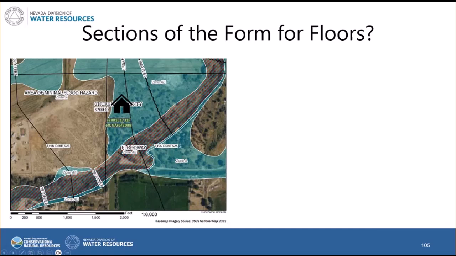Okay, we have a building here located in this flood zone. What section or sections of the form are we going to fill out to collect information about the floors and the garages of this building? We're going to fill out A and B and what other sections of the form?